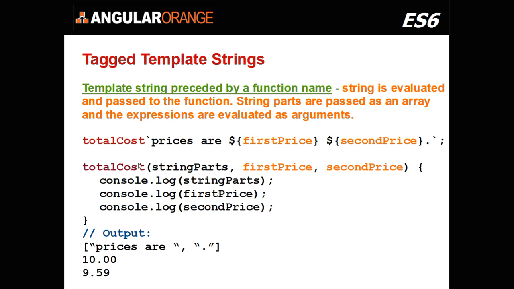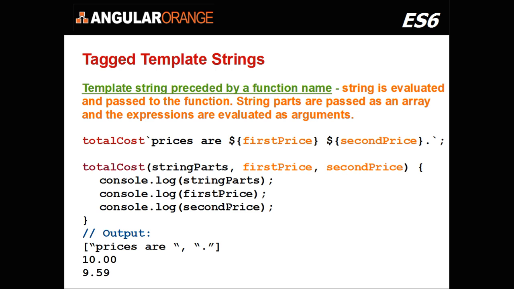What will happen is the function would get called and would pass the string parts into a variable called string parts, and then it would insert the first variable into the second argument, and then another variable into the third argument.